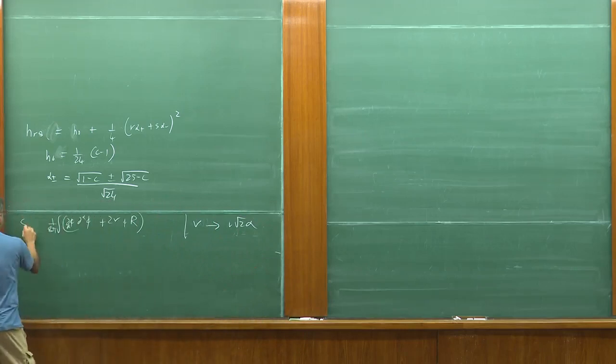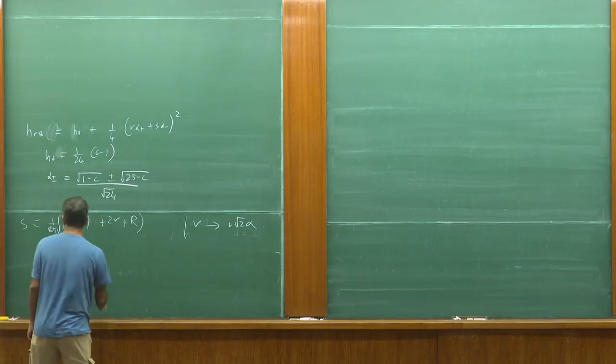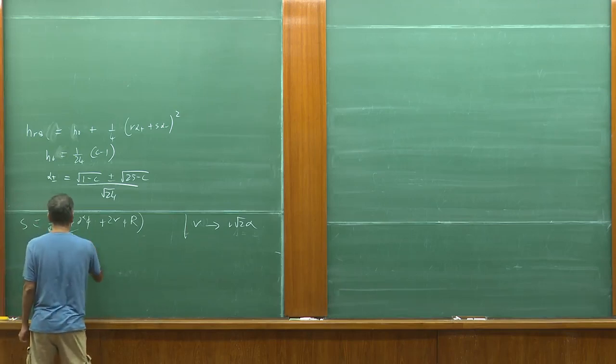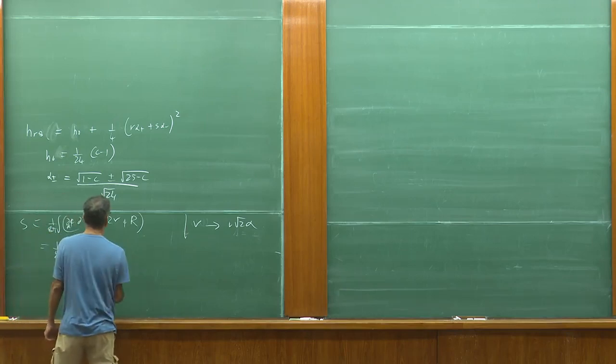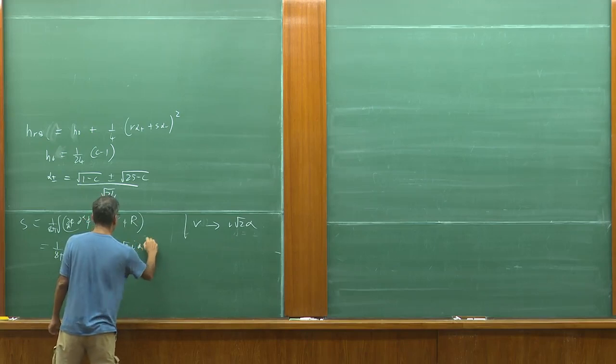So the action effectively was 1/8π ∫ (∂φ)² plus 2 sqrt(2) i alpha φ R.